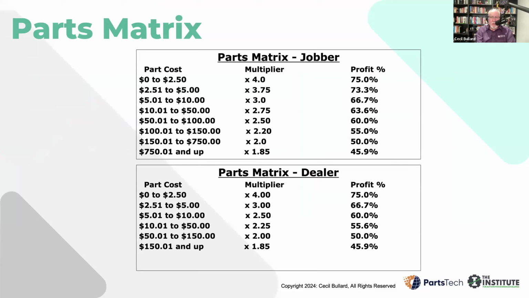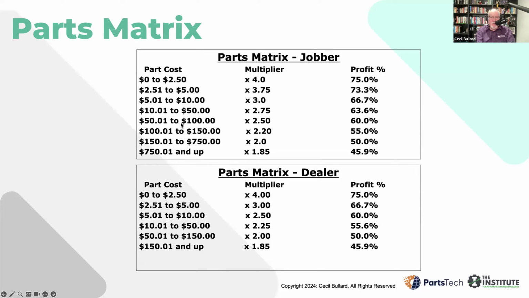And so when you're dealing with a parts matrix, what you're doing is you're basically saying, if I buy a part from, say, $0 to $2.50, I'm going to mark it up times 4. So it's a 400% markup, and that's the multiplier, and that's a 75% profit. And because of what your average part is, we want the average part to fall right in about the 60% range.